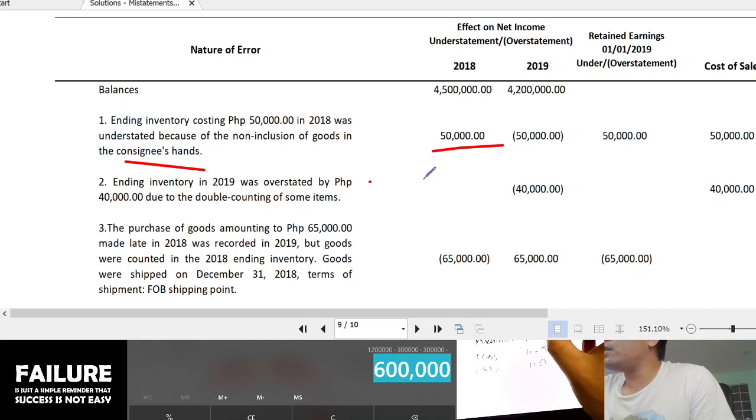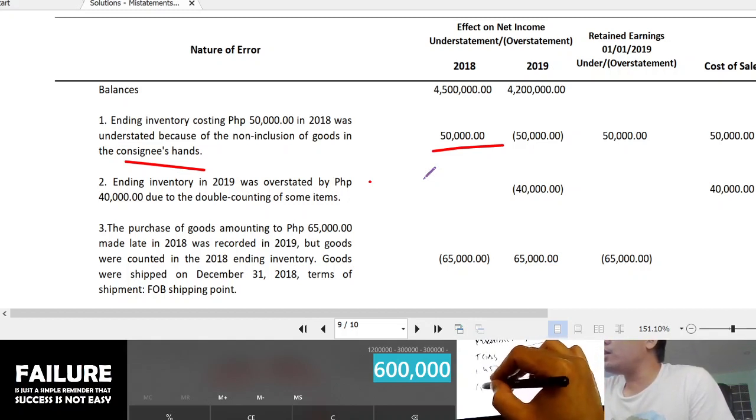Let's say the correct amount of ending inventory is 80,000.